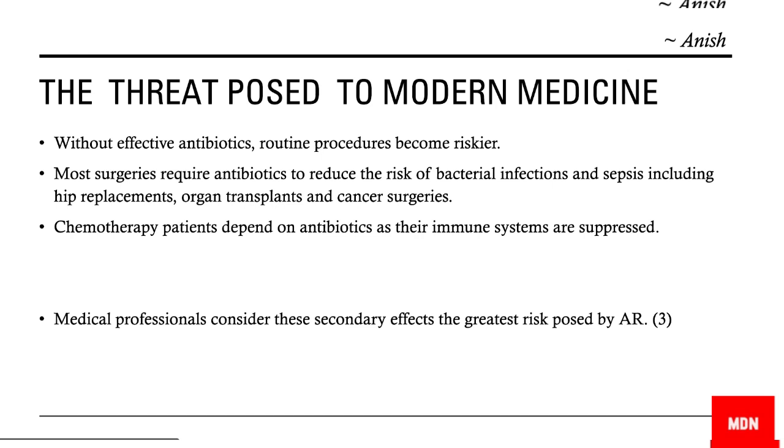So in a world where antibiotics don't work, surgery becomes far more dangerous. Chemotherapy, for example, becomes a lot riskier as it suppresses the immune system, and antibiotics are relied upon to protect them from infections that their immune system can't fight off alone. So these things are why medical professionals consider these secondary effects the greatest risk posed by antibiotic resistance.